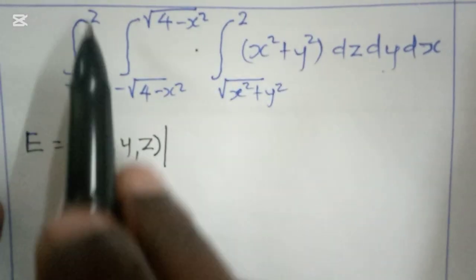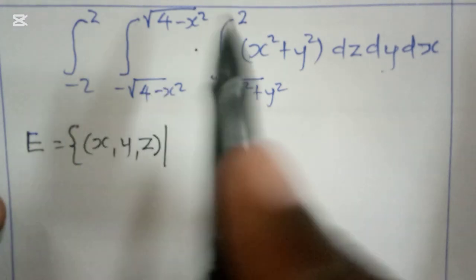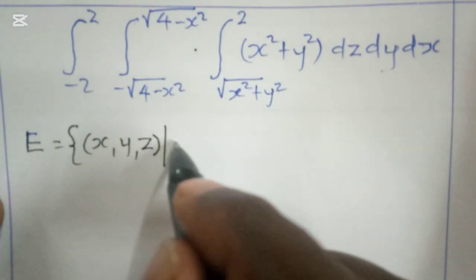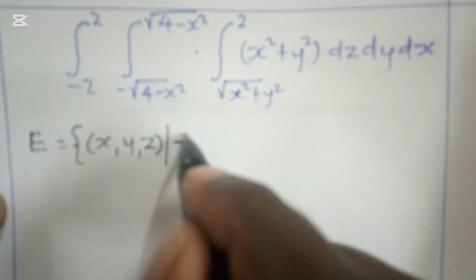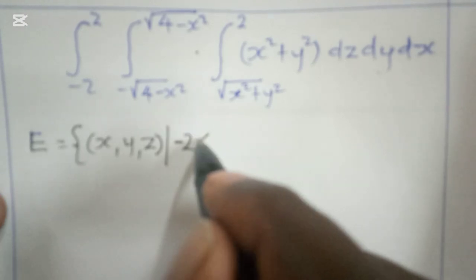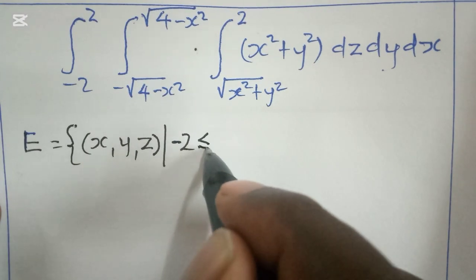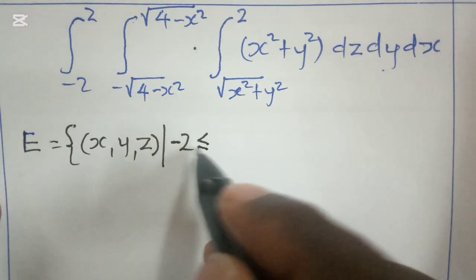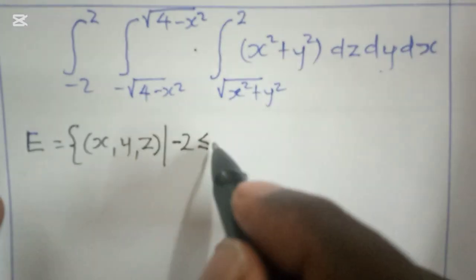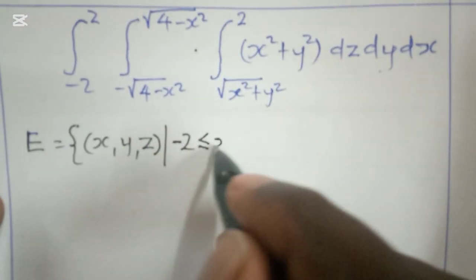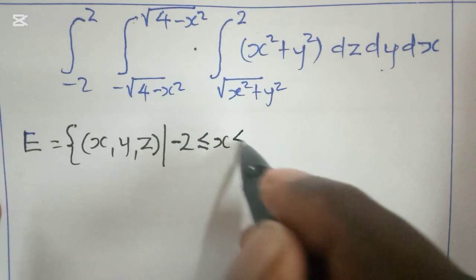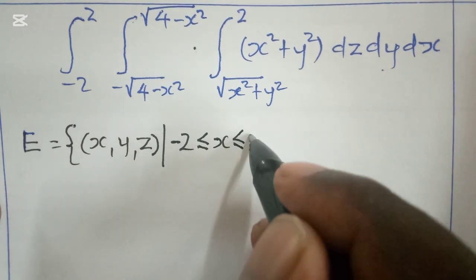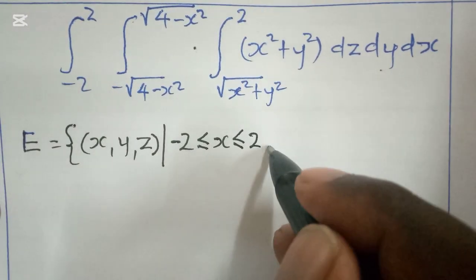The first region is between -2 and 2. So we write -2 less than or equal to X, which is now between -2 and 2, written like that.